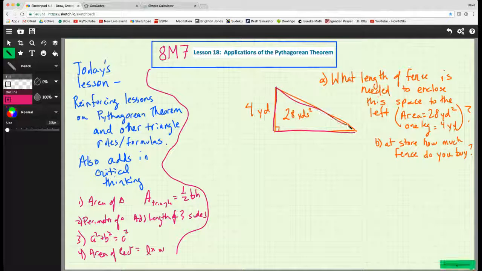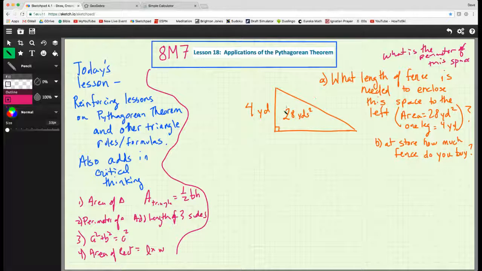The question is basically, what is the perimeter of this space? That's the question you're trying to answer. How can we find this out if we know the area is 28 and one side is 4?